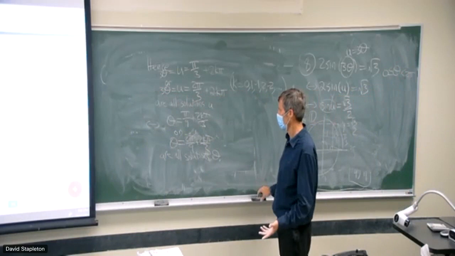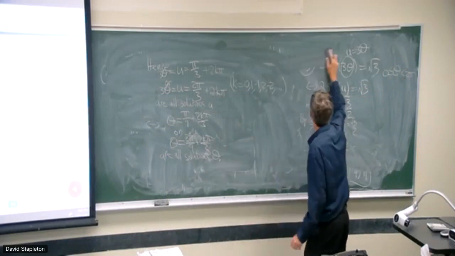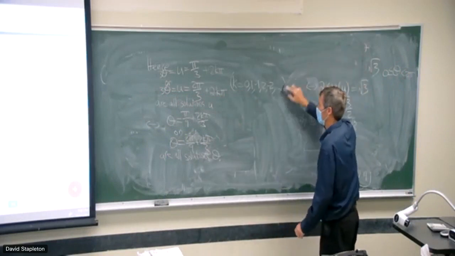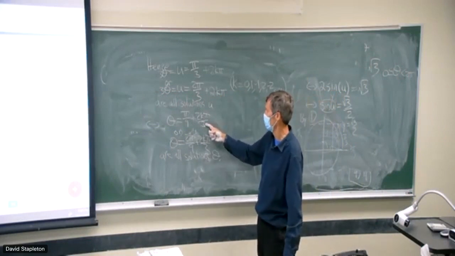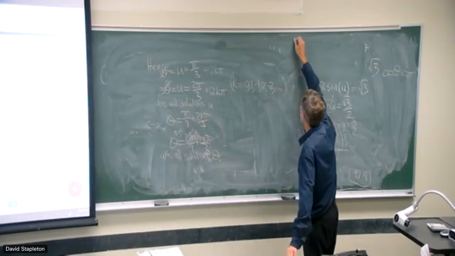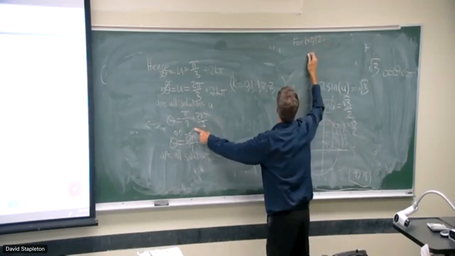Well, I just try different values of k and keep all the ones that give me something between 0 and 2 pi, because these are all the solutions. And when you're dividing by 3 here, there's always 3 solutions. So I'll take k equals 0, 1, and 2 and get all solutions here. I get 3 solutions on this one.